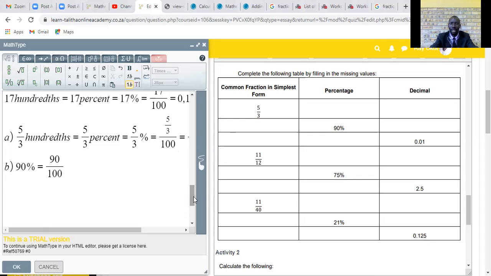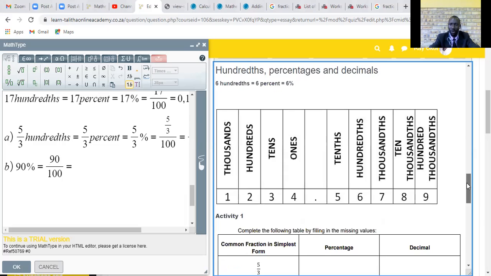That is what we get. And from it, we can go ahead to simplify. Notice that there is 100 here as the denominator. We call that 90 hundredths.